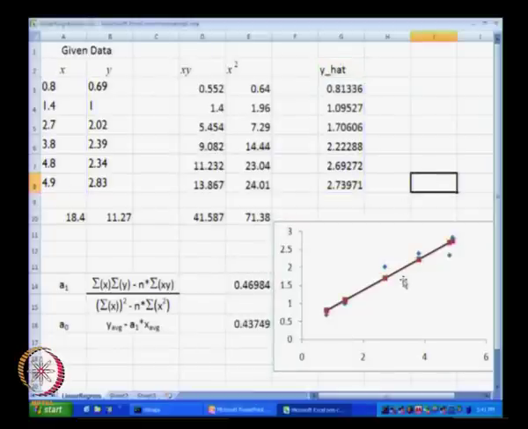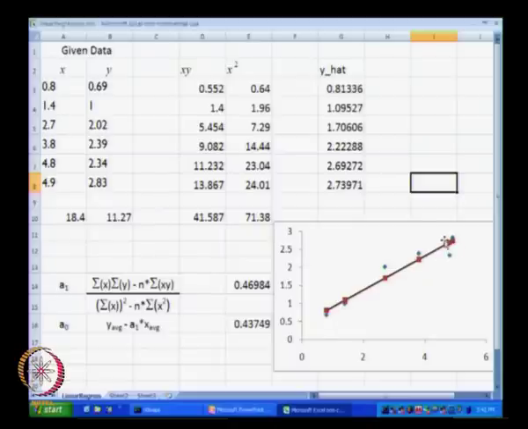So this particular line represents our y hat, the blue data points over here represent our y, and the red data points over here represent our y hat. So the red data points are y hat, the line is y equal to a0 plus a1 x, and this distance is our E3, this distance is E2, E1, E4, E5 and E6.